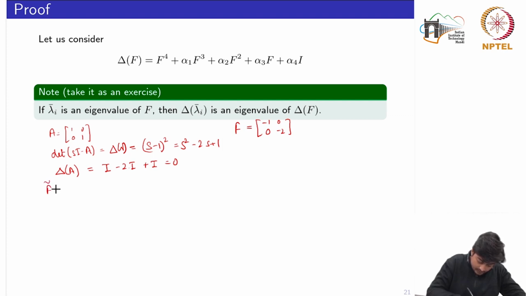Let's call it F tilde, which is delta of F, and as given by the square of this matrix, it would be 1 0 0 4, minus, so I write plus, and it would become 2 4, plus identity.